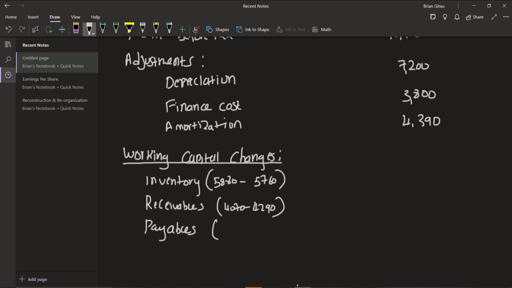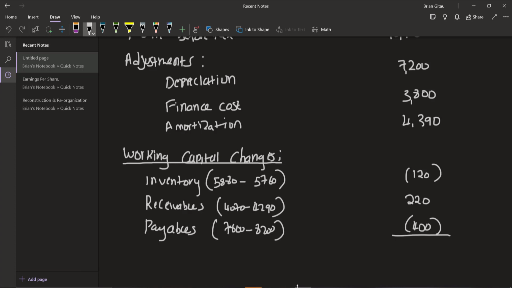And then lastly we have payables 7,800 all the way to 8,200. So 5,880 minus 5,760 will give us 120. So we are going to less that 120. This is giving us 220. We are going to add it back, and this is giving us 400. So we are going to less 400.